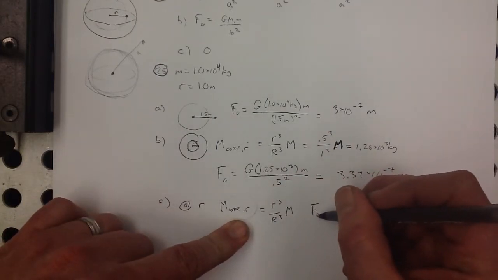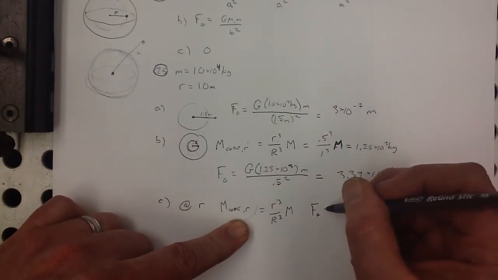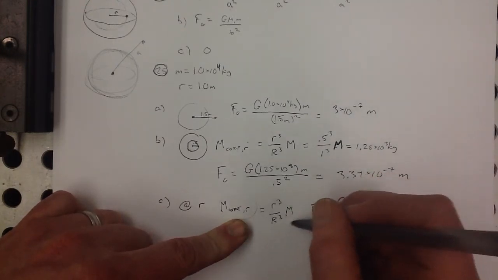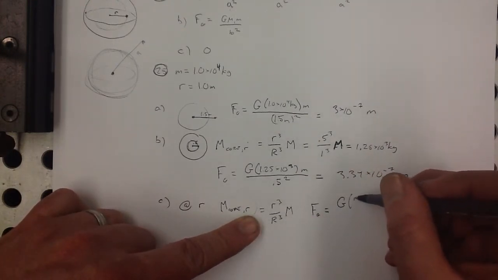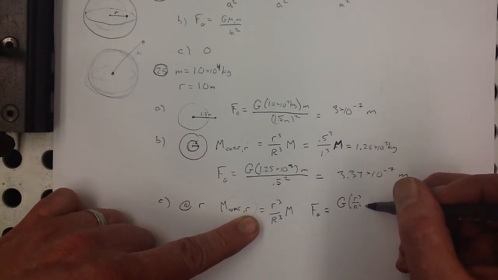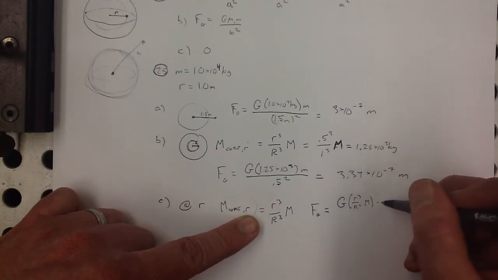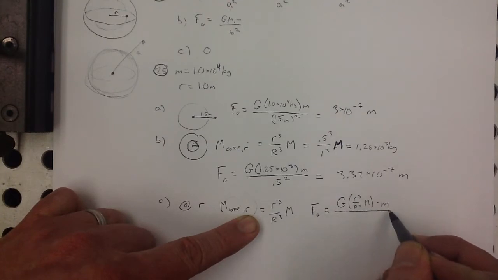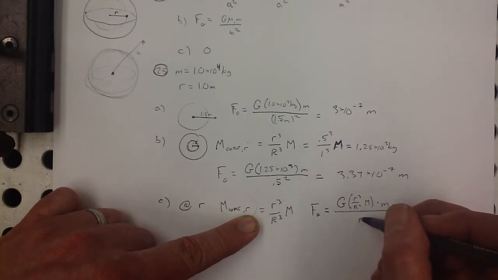So my gravitational force is G times this mass, r cubed over R cubed times m, times our little m, over r squared.